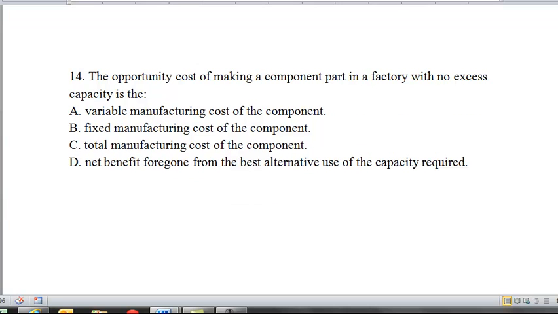Number 14. The opportunity cost of making a component part in a factory with no excess capacity is the... Now what you want to understand here is when we talk about the opportunity cost, that is when we're talking about a make or buy decision.